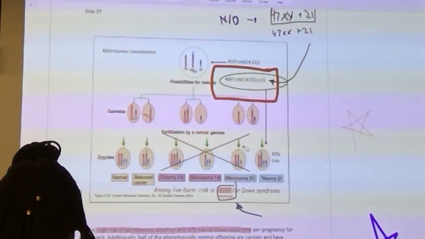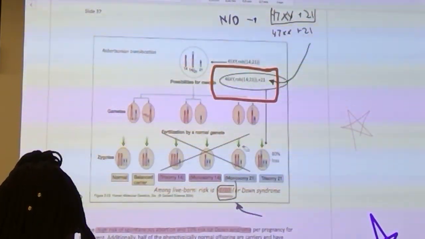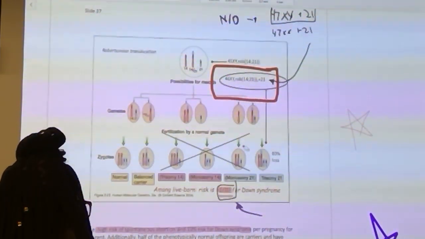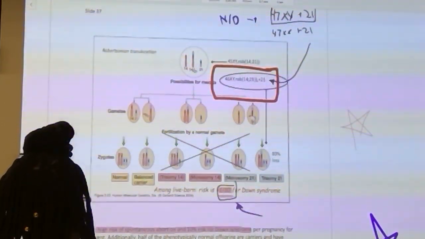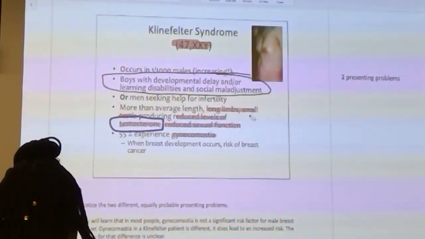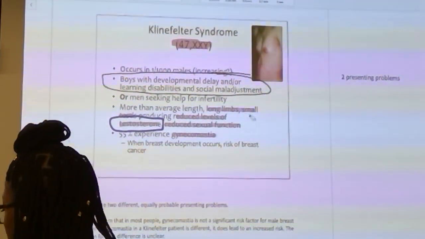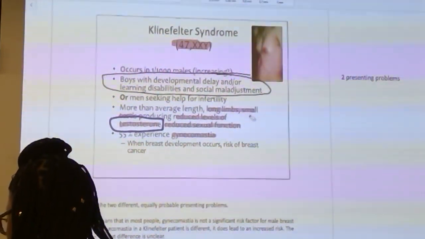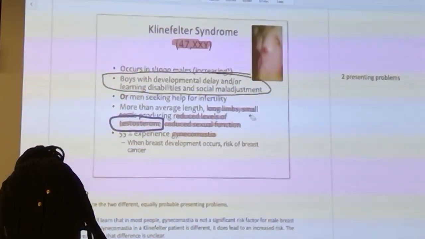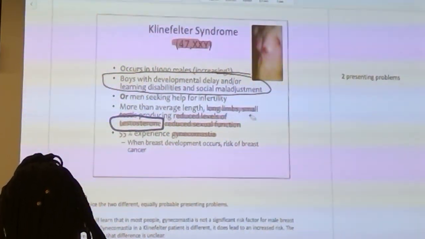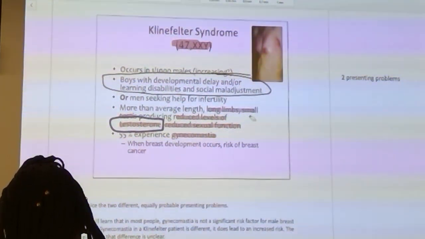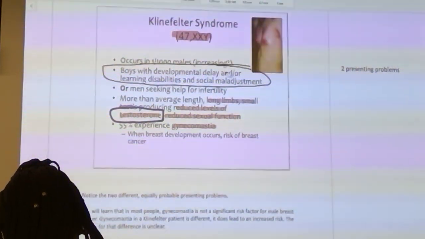And if it talks about a mom having 5 children who all have Down syndrome, she has a Robertsonian translocation. A mom who has 5 children who all have Down syndrome, and she's normal, she has a Robertsonian translocation.